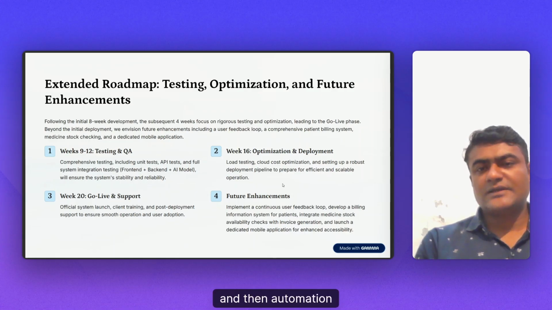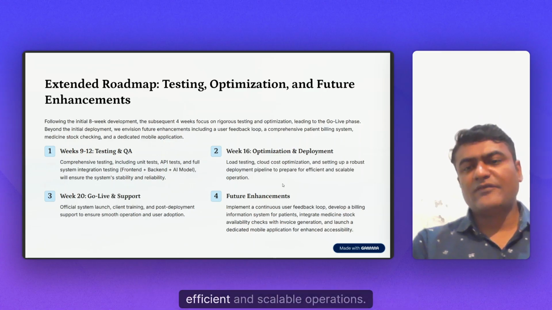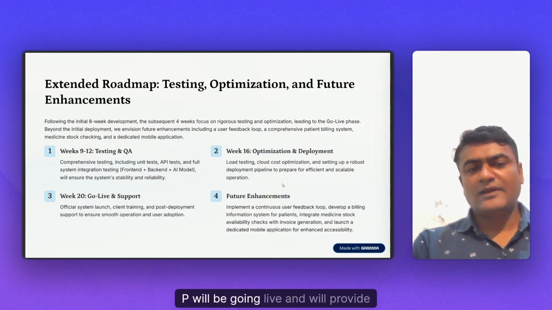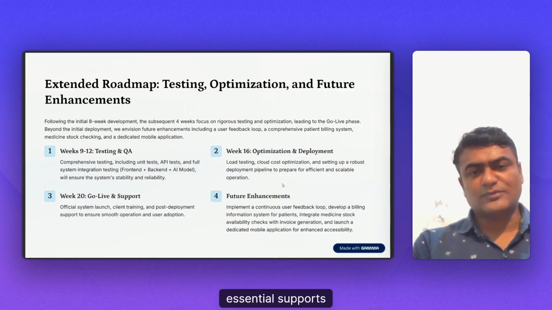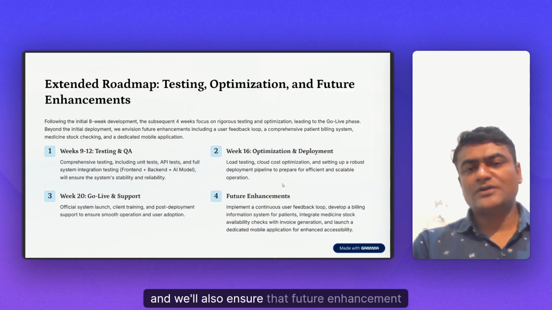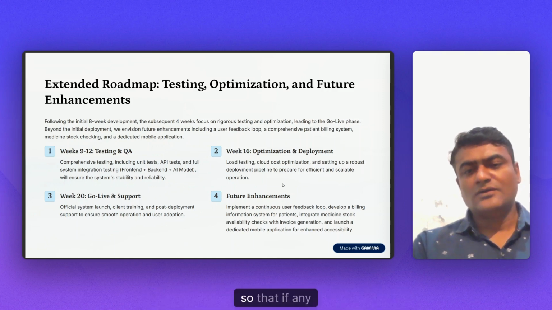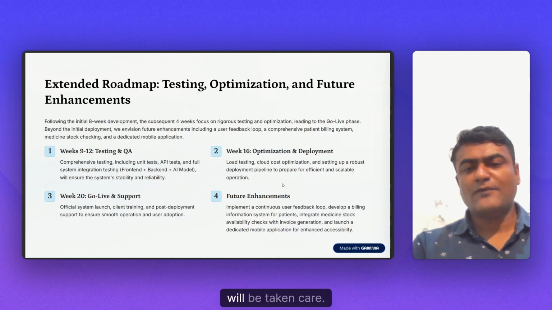And then automation and deployment covers load testing, cloud cost optimization, and setting up a robust deployment pipeline to prepare for efficient and scalable operations. Finally, we'll be going live and will provide the essential support. We will also ensure that future enhancements are supported in this model, so that any scalability requirement which comes in future will be taken care of.